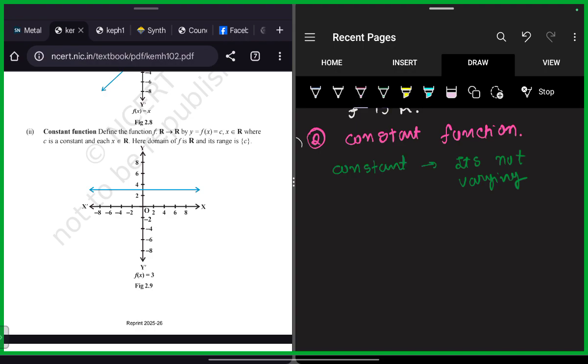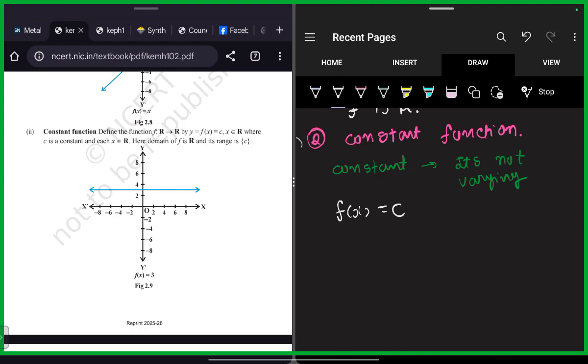So here the function is a constant, c. Constant means any number, like 1, 2, 3. If f of x is equal to 1, that means it is 1, right? You cannot write 1 as 2, 1 as 3, 1 as 4. It's a constant, it's not changing.